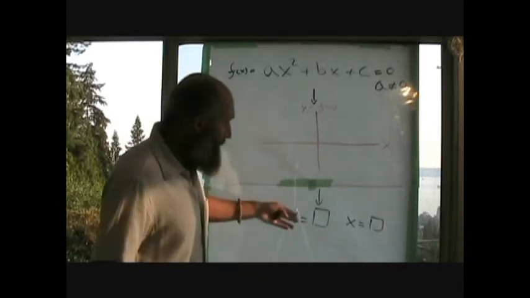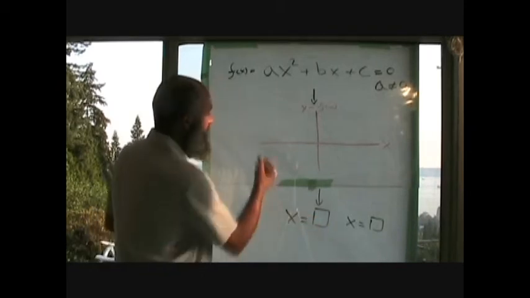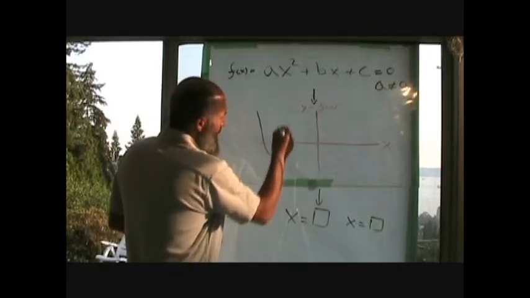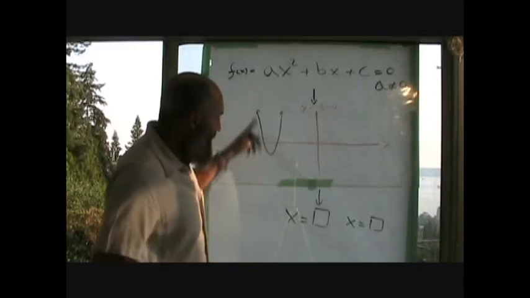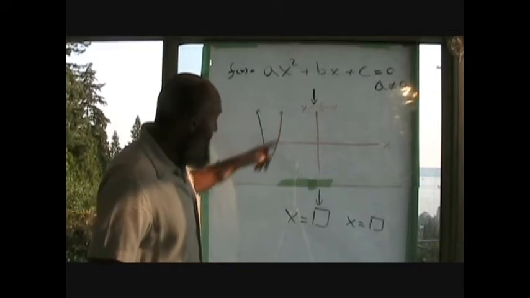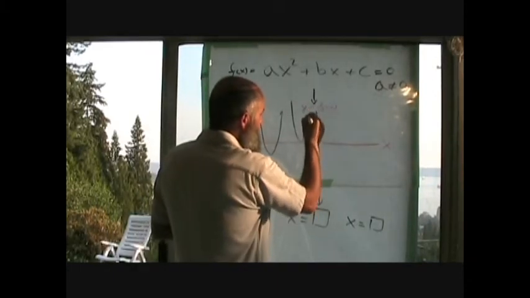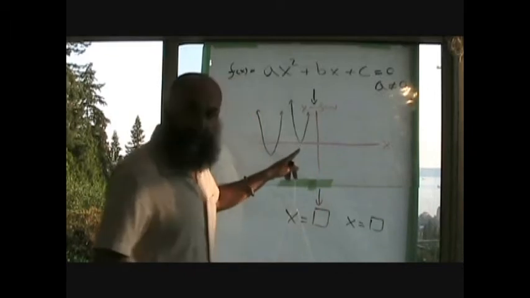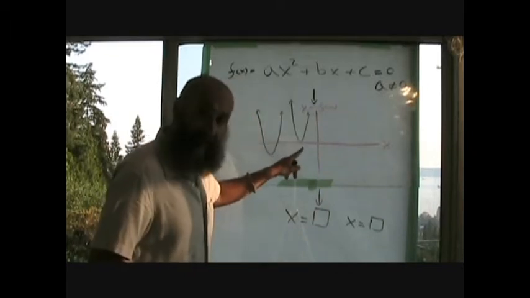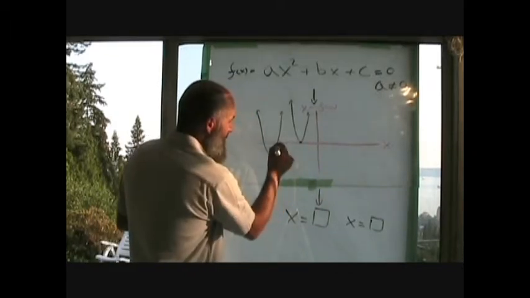But for now, just looking at the solutions, you could have a quadratic function crossing the x-axis twice. You could have it only touching the x-axis once, not crossing it, so you only have one solution here, right?